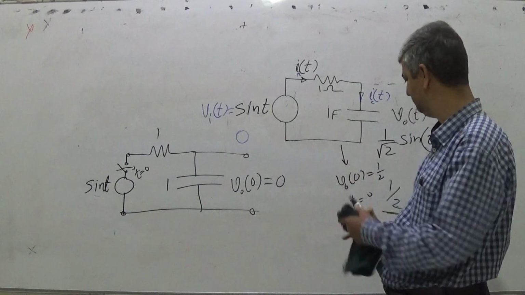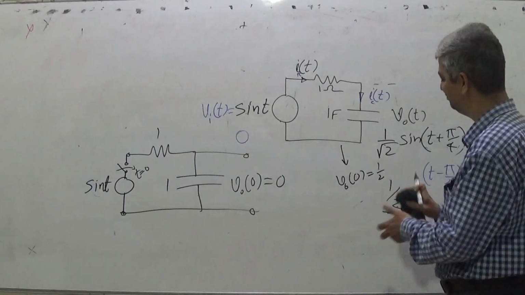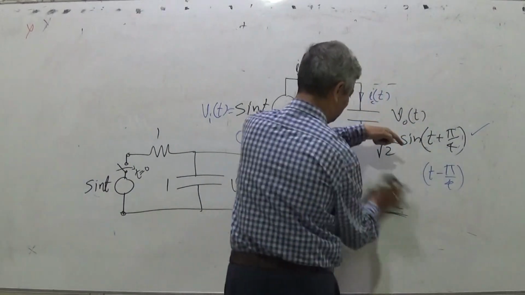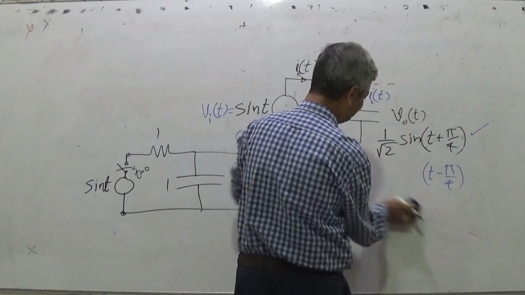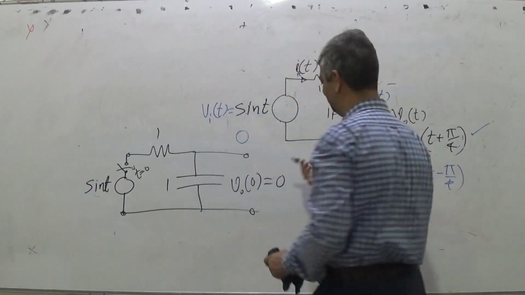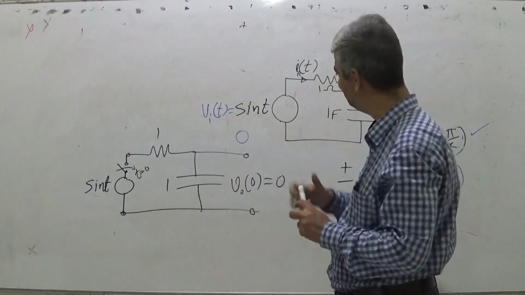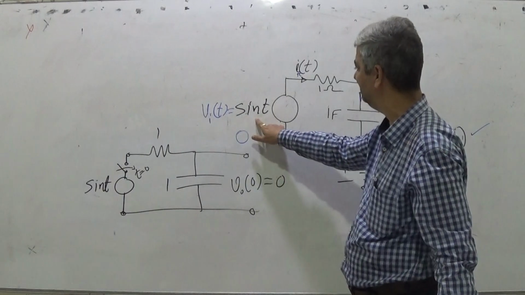So what is the difference? If it is half with a plus, the answer is plus half, if it is minus, the answer is minus half. I am very sure you will verify which is the answer. But here it has to be 0. So what is the difference between this circuit and this circuit? Listen now very carefully. V in t equal to sin t.